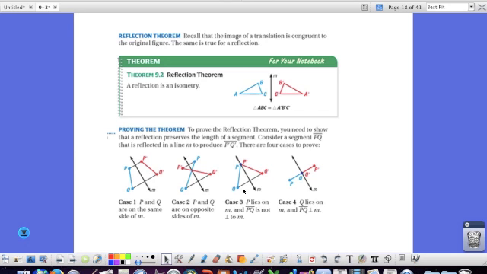Case 3, P lies on M and PQ is not perpendicular to M. And case 4, Q lies on M, or one of the points lies on M, and the line segment is perpendicular. We do not need to actually go through and prove each of these theorems. We're going to accept that they are true.